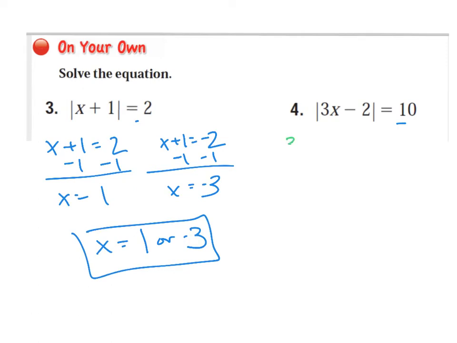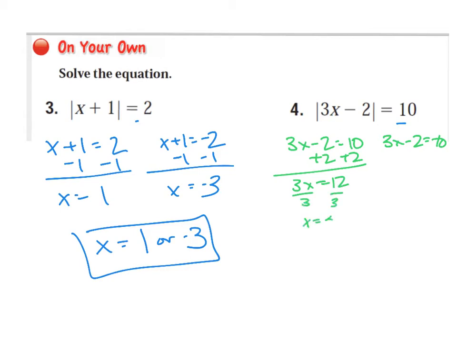Over here, 3x minus 2 equals a positive 10. 3x minus 2 equals a negative 10. I'm going to add 2. 3x equals 12. Divide by 3 for the positive case. x could equal 4.